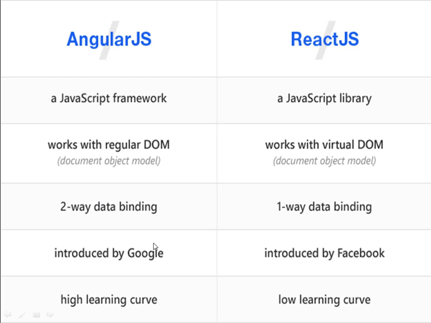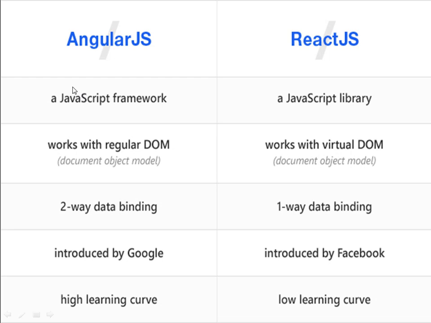Angular JS was introduced by Google, and its initial release was in 2010, and React was initially released by Facebook in 2013. So it is newer in comparison to Angular JS. Angular is almost 10 years old now, and React is just 7 years old.